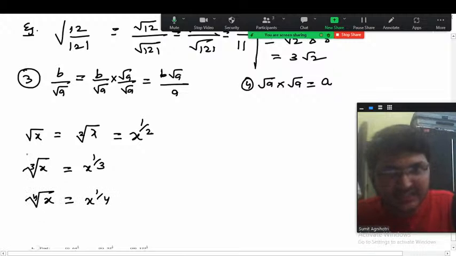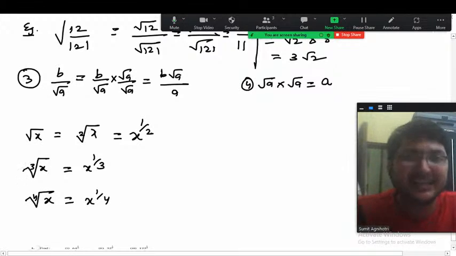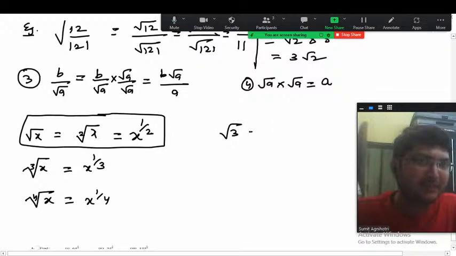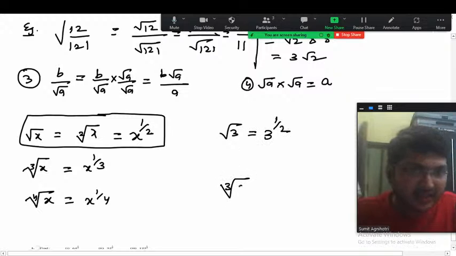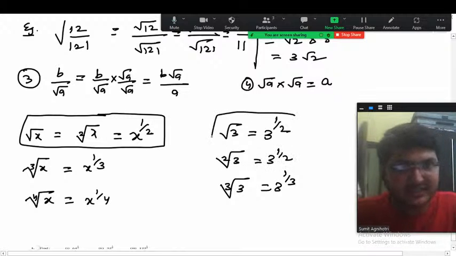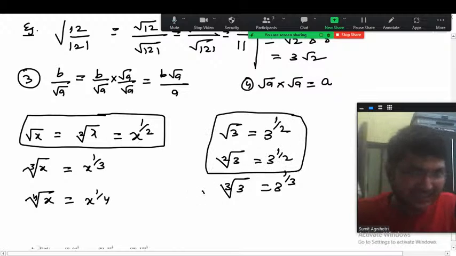In such cases, I have to indicate that index 3 is used. In the first case, we don't even indicate, which means 2 is used. If I am writing root 3, it means 3 raised to the power 1 over 2. If I am writing cube root of 3, it means 3 raised to the power 1 over 3. So this can be used in two ways, but these are represented using their index here.